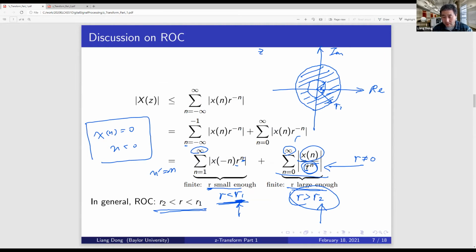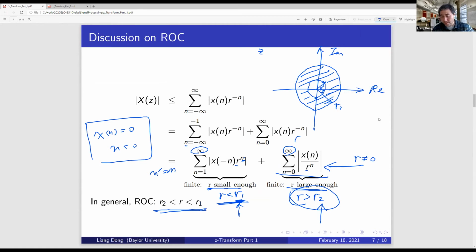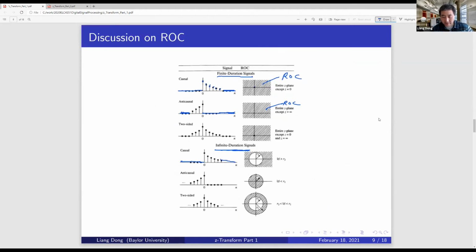I got this power term right here, and x[n] times r to the power n is on the denominator side. So I need a relatively large r, meaning that you need to define it as the exterior of a circle. So that's exactly what we have here. That's the region of convergence.